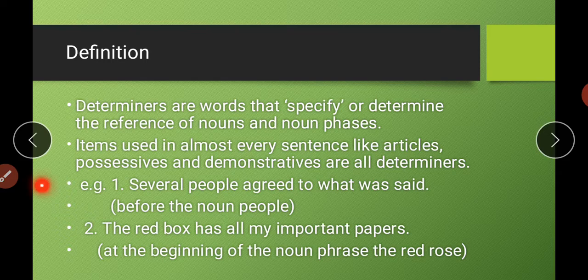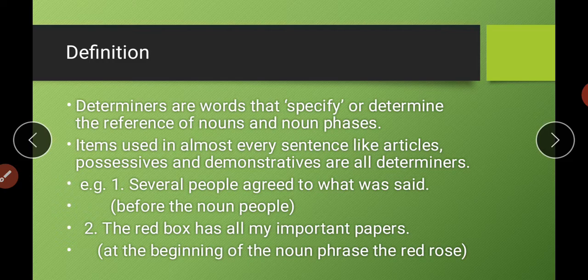So for example, in this example, several people agreed to what was said. Before the noun people, the word several is mentioned, which describes the quantity, or it specifies the people. So several here is a determiner. Next is, the red box has all my important papers.